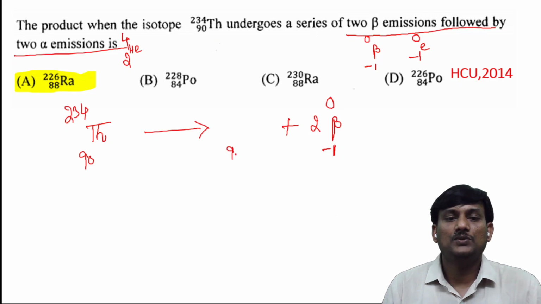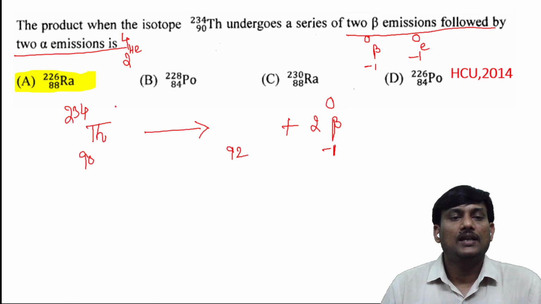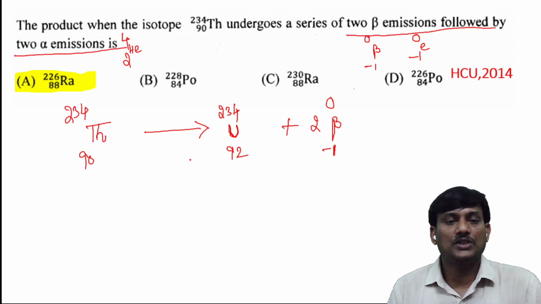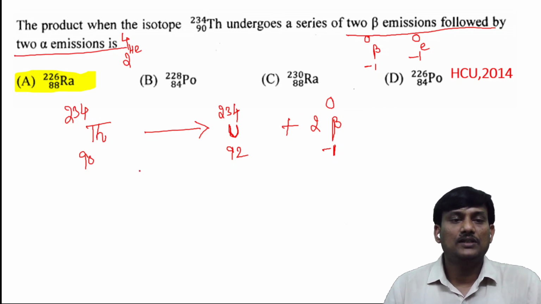So it should be 92. And let's take mass. Left side we have 234. Right side we have 0. So we have to balance this one. It will be 234. 92 atomic number is uranium. 92, 234. Let's check. This one is 90. 92 minus 2, it will be 90. 234, 234 plus 0, 234. There is a balancing of nuclear reaction.